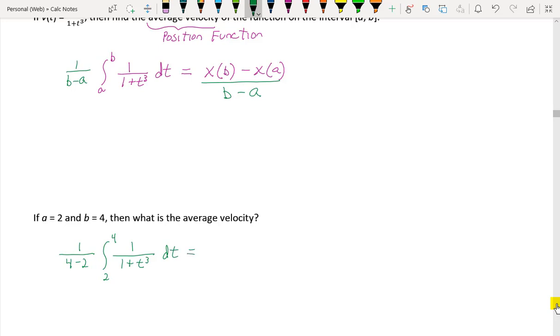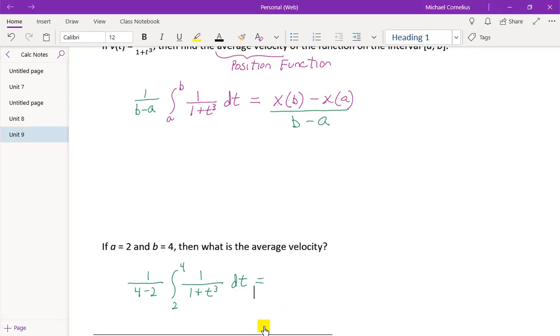So this should equal, and we're going to need a calculator for this because we can't do the integral of this guy, so we'll go back to our calculator and find that integral right there.